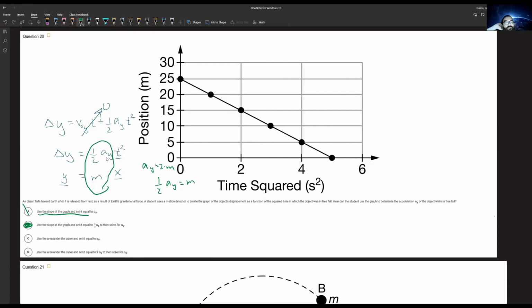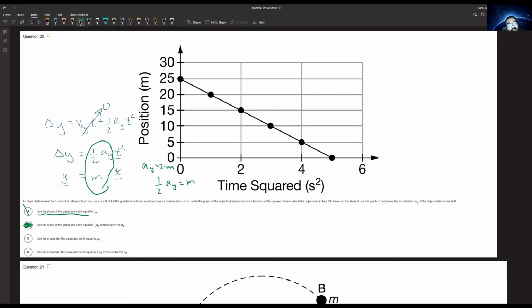You want to look at everything in front of that part, and all of that is the product that is your slope. So you said, wait, Mr. Gus, that's half the slope because that's the proportionality? Not so much the proportionality, but here the slope is equivalent to 1/2 the acceleration.